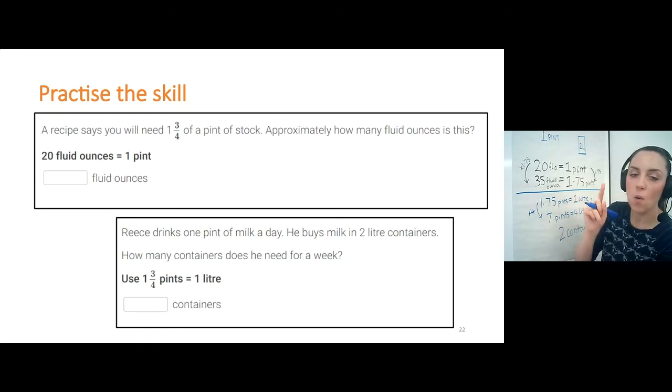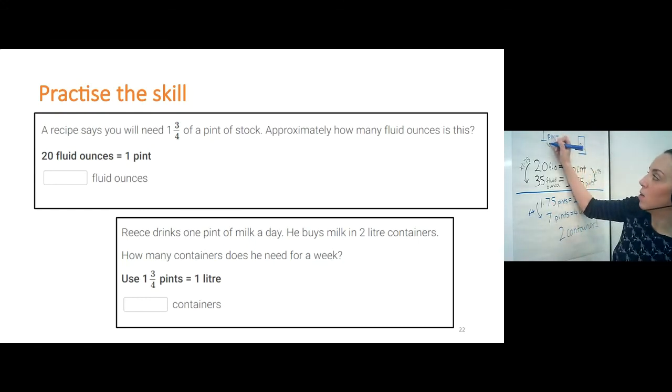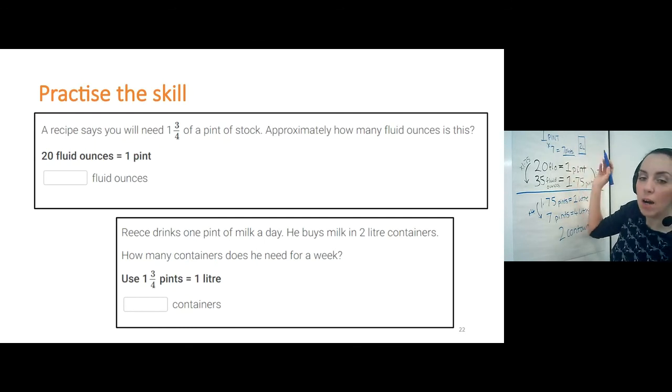If he drinks 1 pint of milk per day, they're not going to necessarily tell you that he drinks 7 pints in a week, because it's very common knowledge that there are 7 days in a week. So this is where we have to use a little bit of logic to apply to the question. So if he drinks 1 pint of milk a day, how many pints does he drink in a week? That would be 7 pints, because 1 times 7 gives you 7 pints in a week. Then once we know how many pints he drinks, we can convert that into litres using the scale that we have. 1.75 pints is equal to 1 litre.